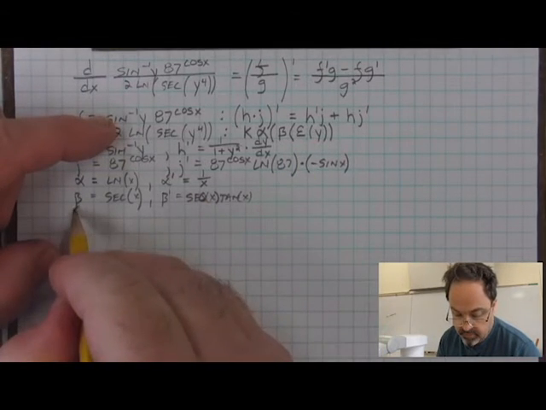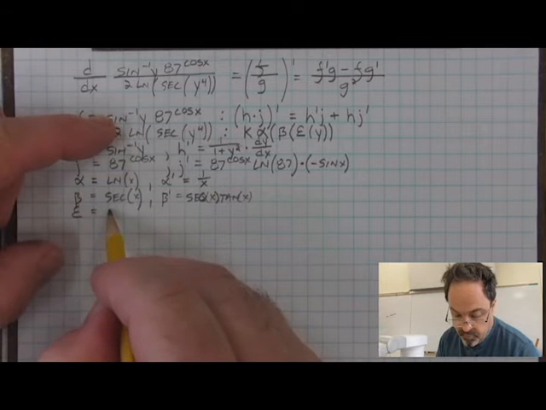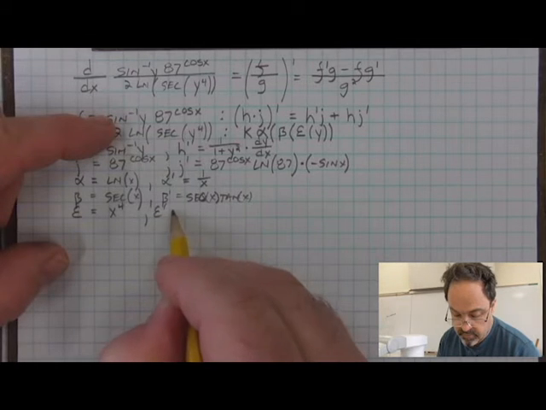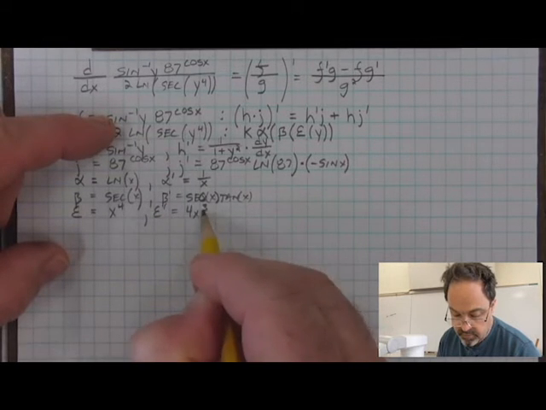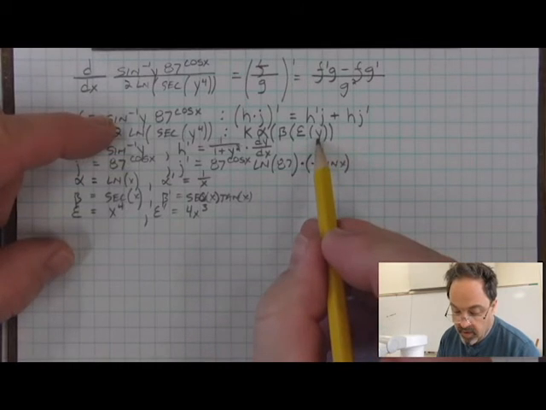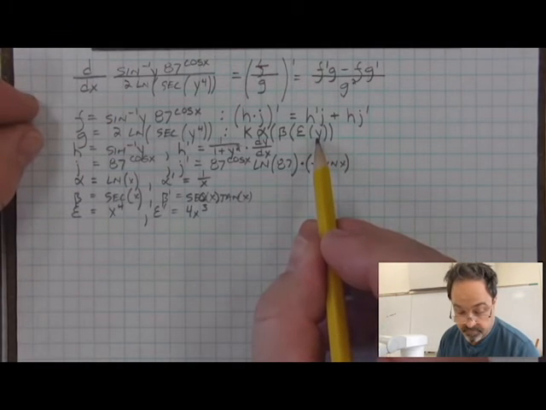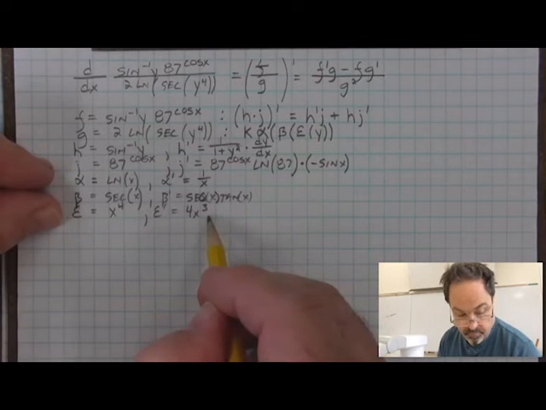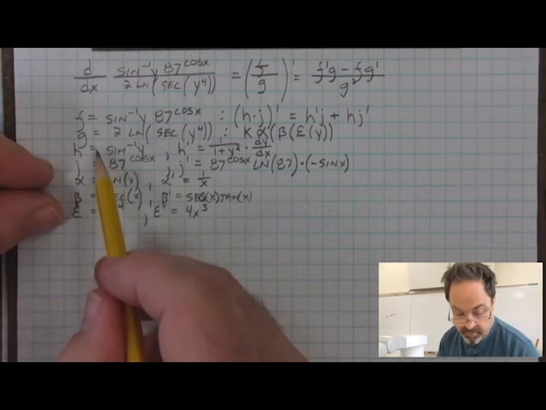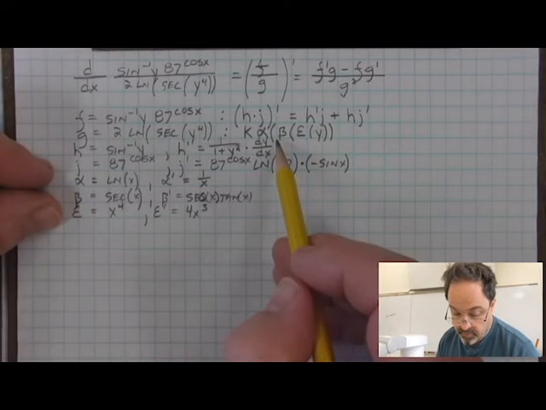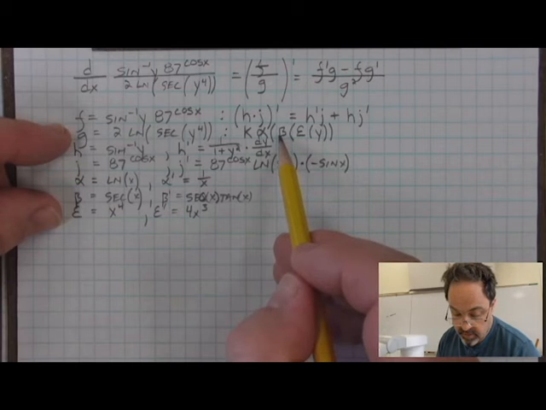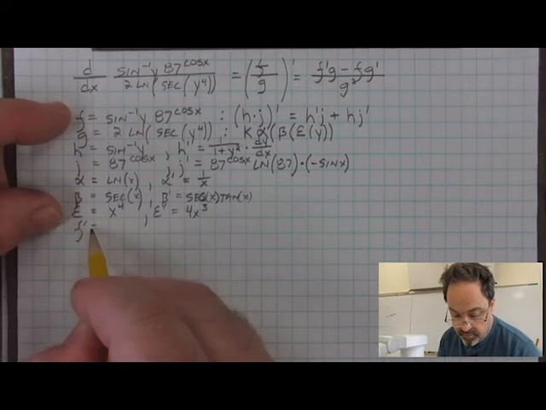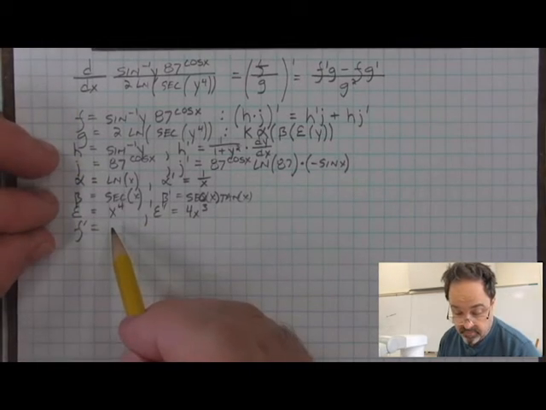The epsilon function is the fourth power function, and its derivative is 4x cubed. Y is being treated as a function of x. So I could check. I've got the pieces now listed for the g function and the f function. I can now construct their derivatives from these pieces.